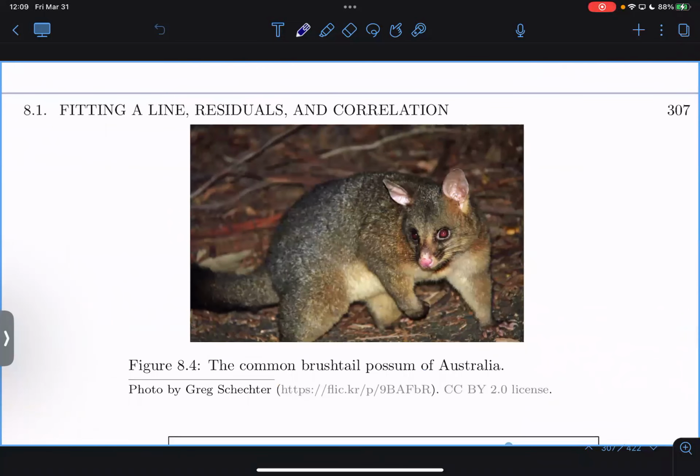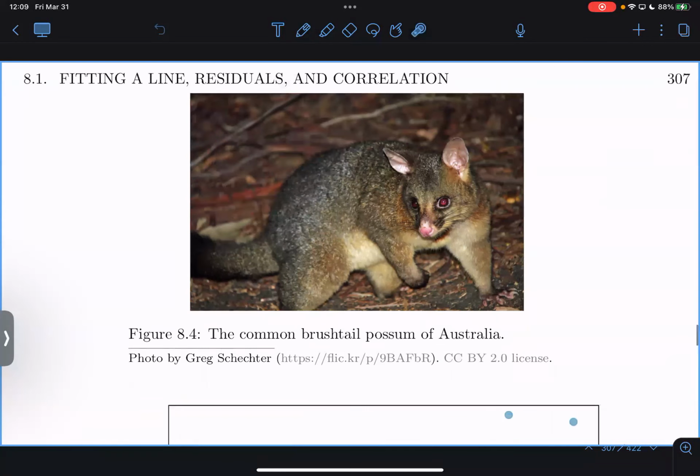There it is. We're going to refer back to data about the brush-tailed possum of Australia. And here it is, little cutie, I think, although it looks kind of mean. But maybe it's just the flash. Why are his eyes so red? I don't know.